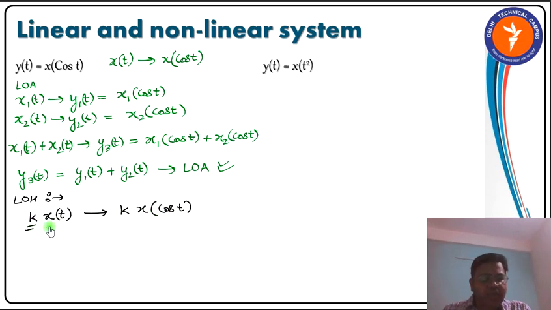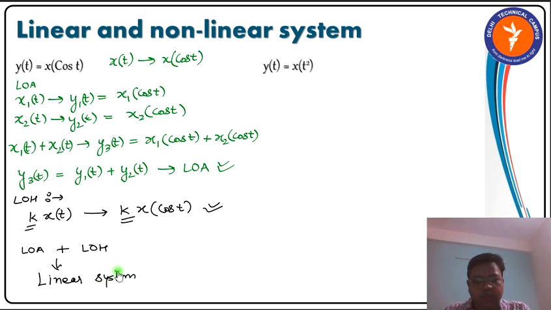That is, the same scaling factor has been produced in the output as in the input. So the law of homogeneity is also verified. As it verifies the law of additivity as well as the law of homogeneity, the system is a linear system. We can again generalize this: time scaling is not affecting the linear system.